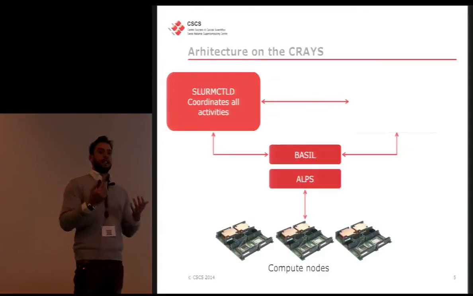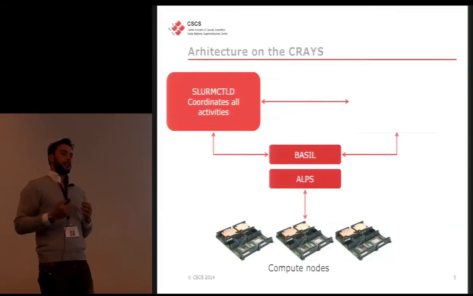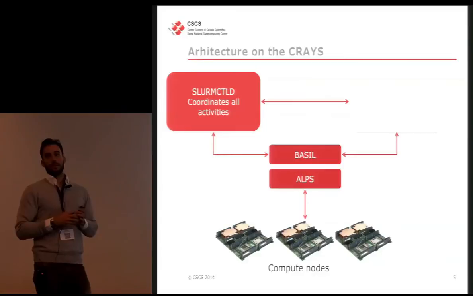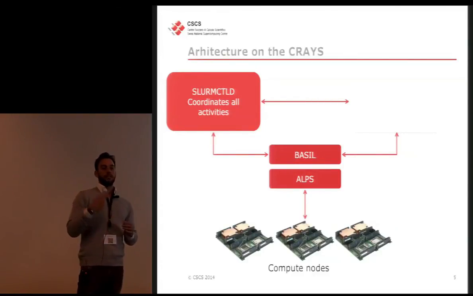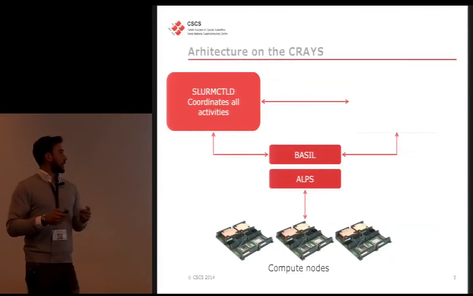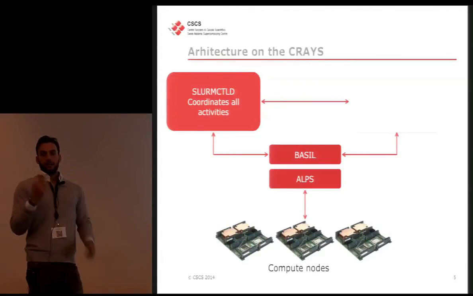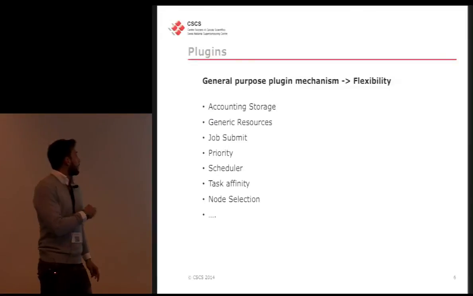There are other differences. For instance, at the moment you cannot allocate a single core, but on the Crays you have to allocate the whole node. But this is going to change in the future, because there are plans to create a native SLURM on the Crays. Plugins.